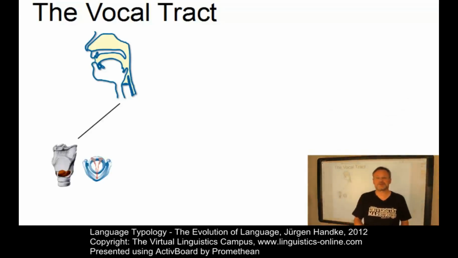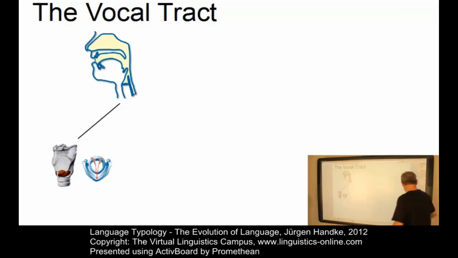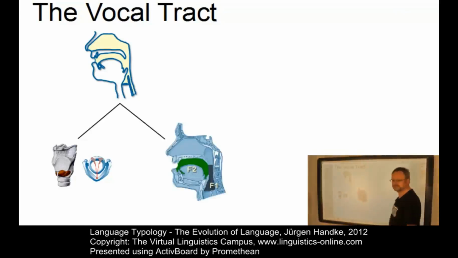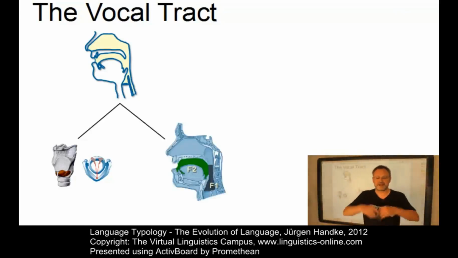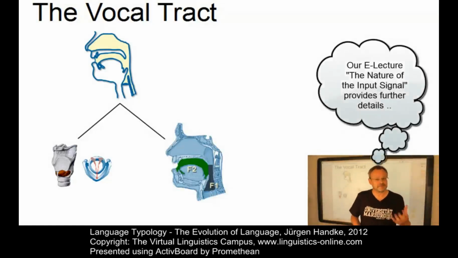That is, we need the larynx with the vocal folds, and also we need a flexible resonance chamber that can amplify and modify the fundamental frequency created by the sound source in the larynx.